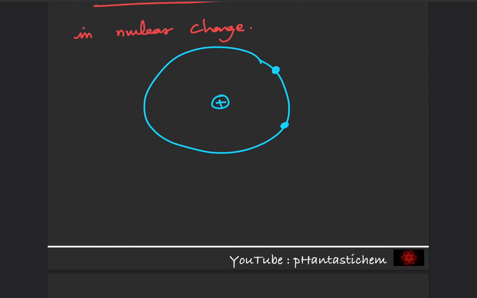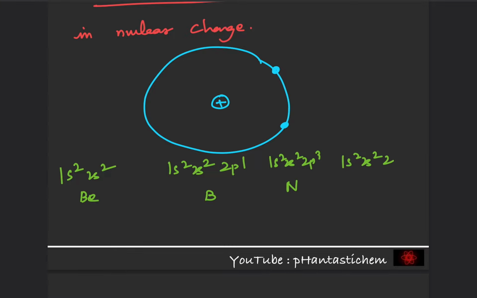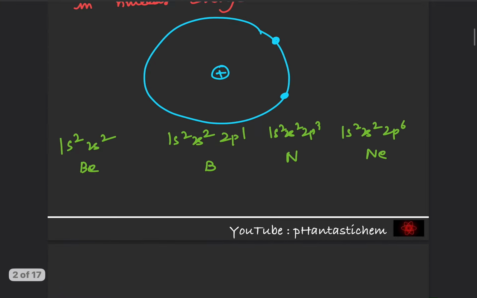In the question they have given us 1s2 2s2, which is beryllium, 1s2 2s2 2p1, which is boron, 1s2 2s2 2p3, which is nitrogen, and 1s2 2s2 2p6, which is neon.